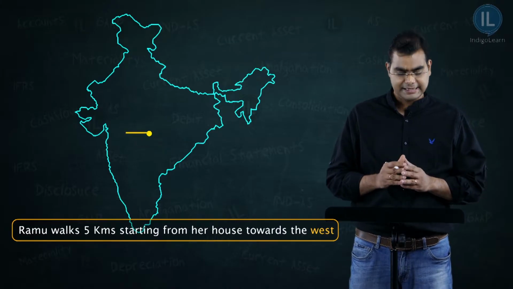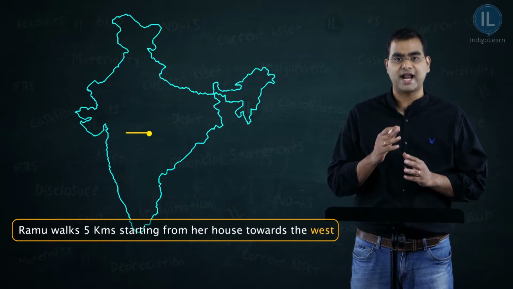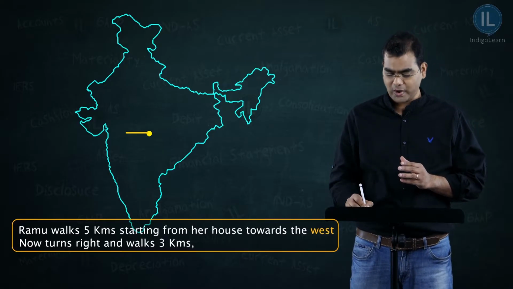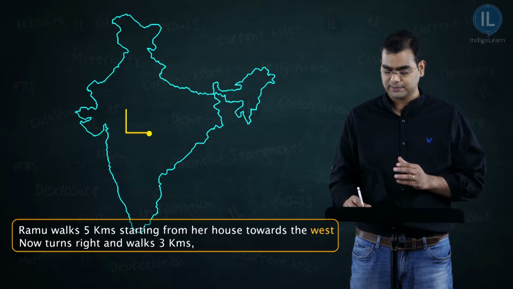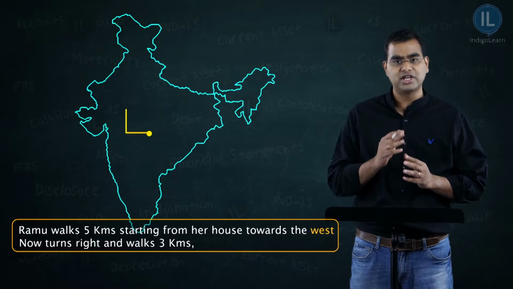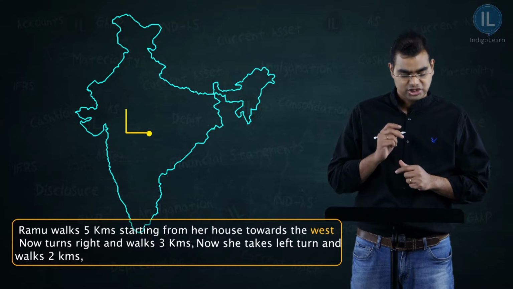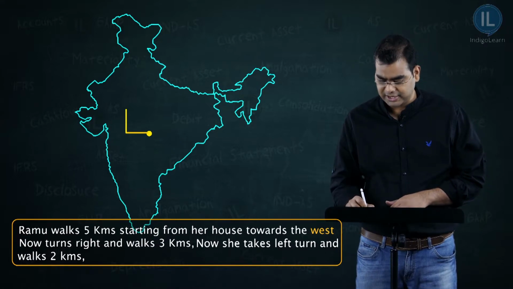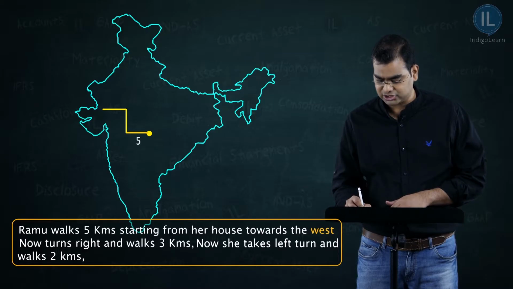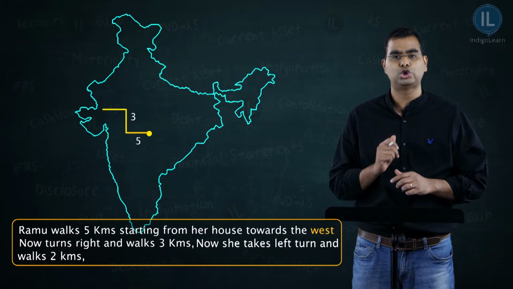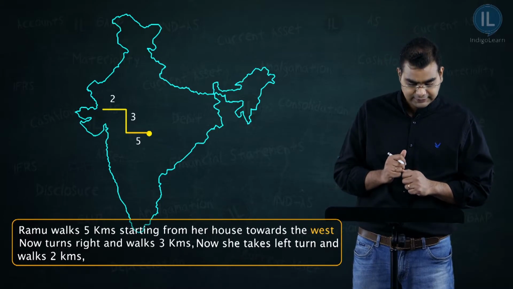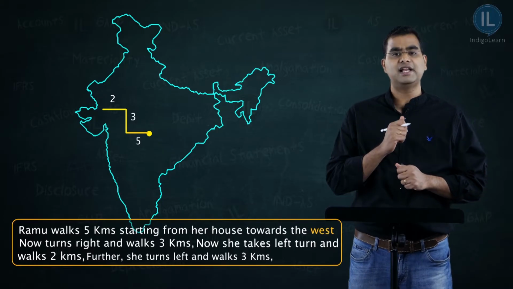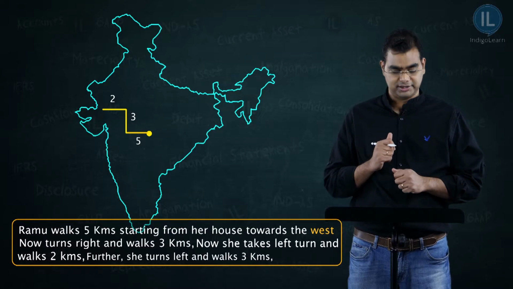Okay, and then what does the question say? She turns right. So when you're walking towards the west and you turn right, you actually go towards the north. She walks there for another 3 kilometers. And then she takes a left turn and walks 2 kilometers. So first she did 5, then she did 3, and then she did another 2. What does the question say after that? She again takes another left turn and walks another 3 kilometers.